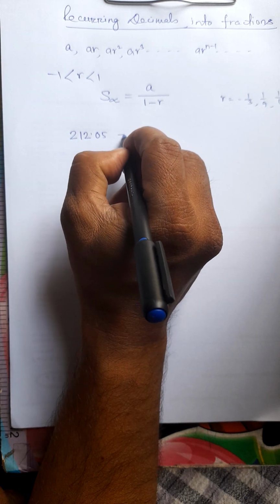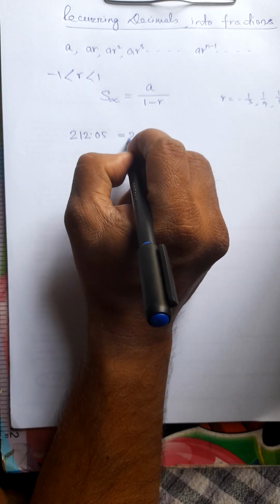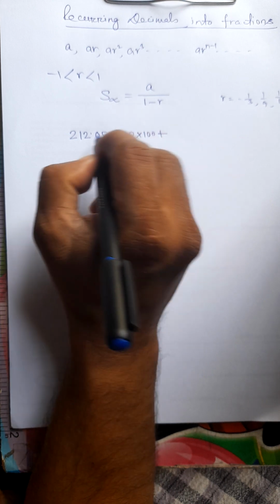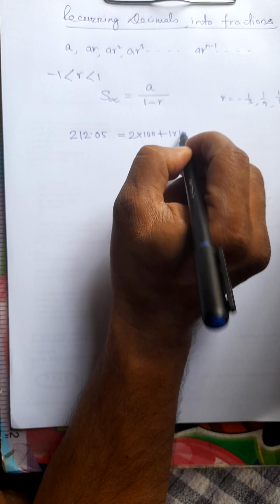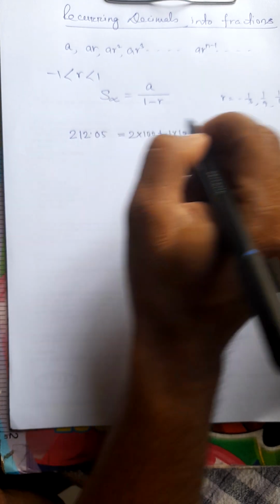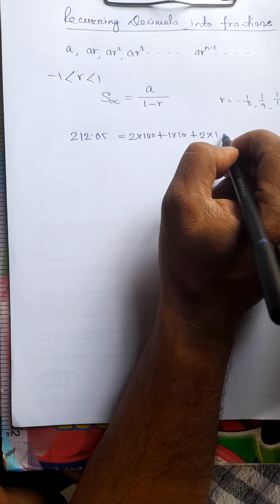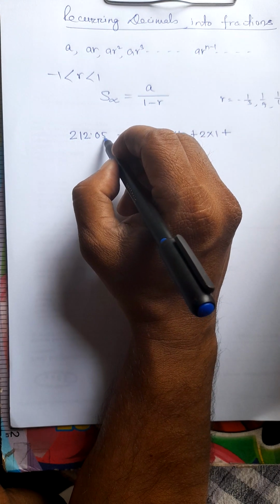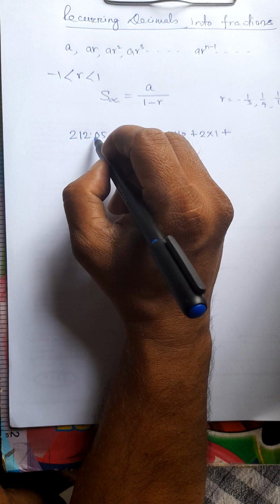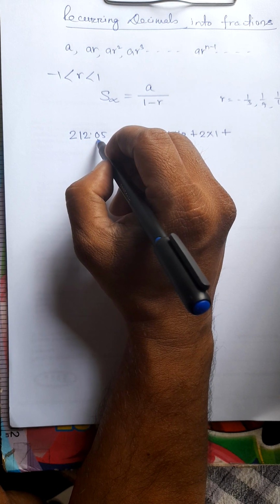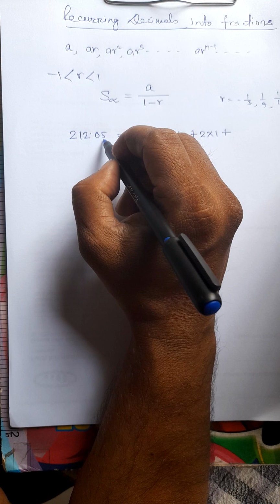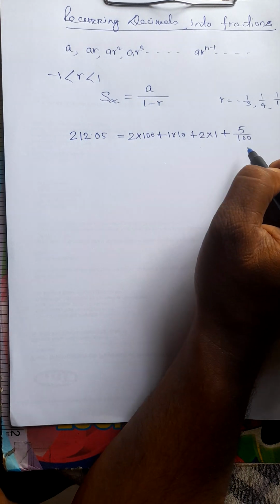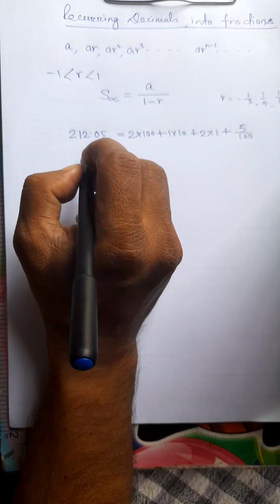So in terms of place value you will write 2 multiplied by 100 plus 1 multiplied by 10 plus 2 multiplied by 1 plus, now what is the place value of 5 here? The first place after decimal is called 10th place and second place is called 100th place. So we will write 5 divided by 100, 5 upon 100, right?